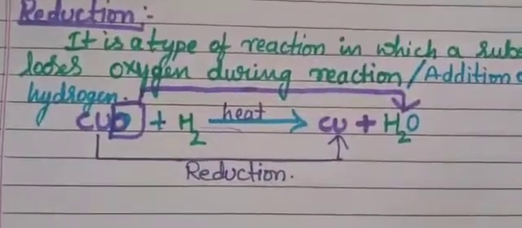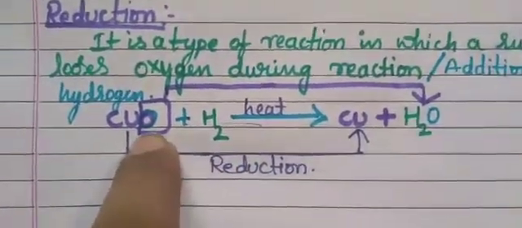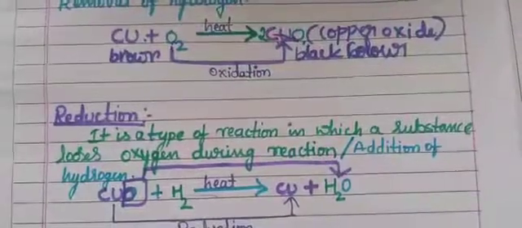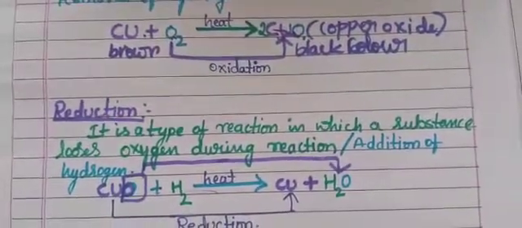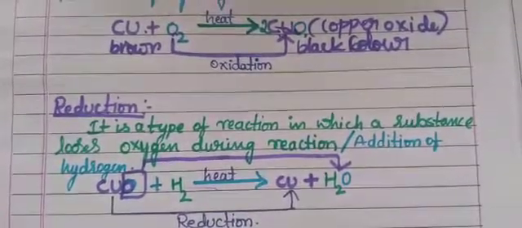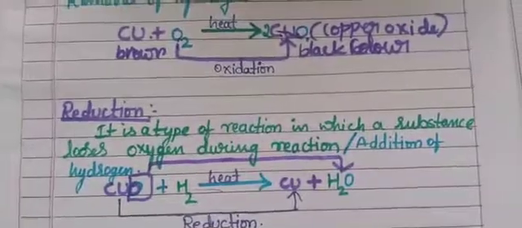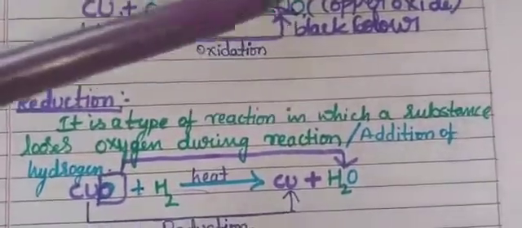Once again I'll repeat. Suppose hydrogen gas is passed over copper oxide, the black coating of copper oxide turns to brown as the reverse reaction takes place and copper is obtained. So students, see here, we have copper oxide, right?